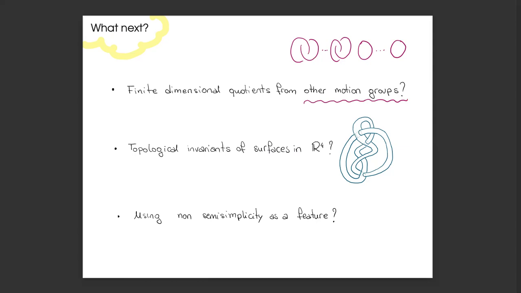But for n equals 3, so if we have only 3 strands in our braids, the dimension would be 15. So okay, it's not huge. Then it goes up fast, of course.